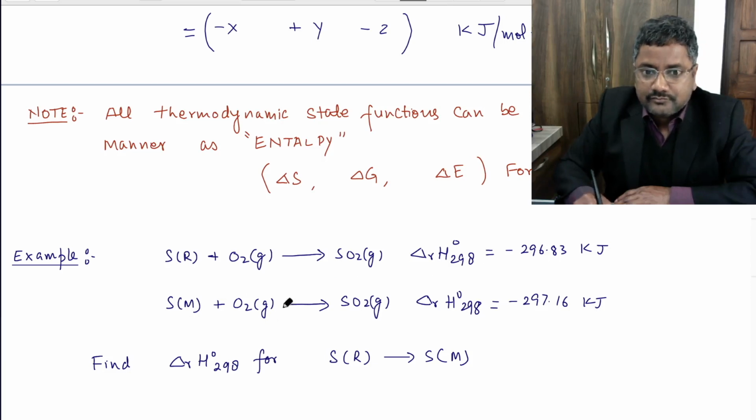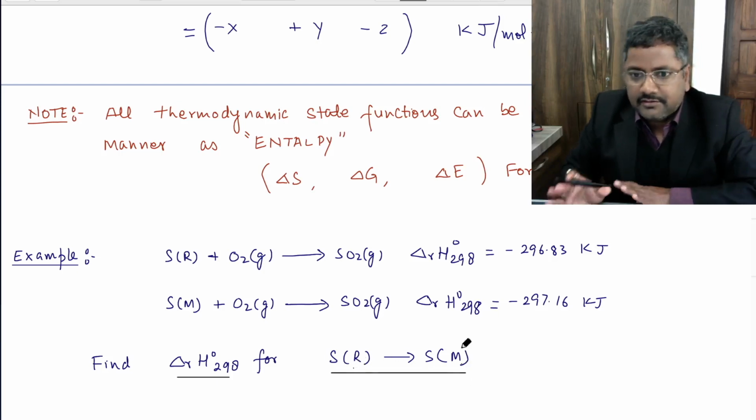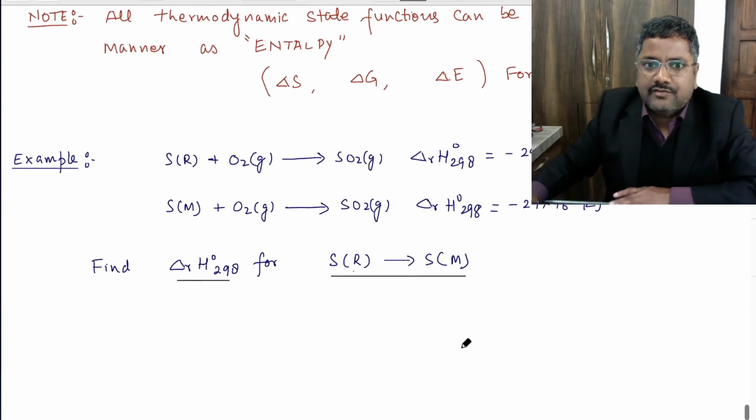For monoclinic, when you burn in air, this equation is given. Find delta H reaction for this, meaning the transformation of rhombic sulfur to monoclinic sulfur. You have to find the enthalpy change for this. So for these two equations, data is given.